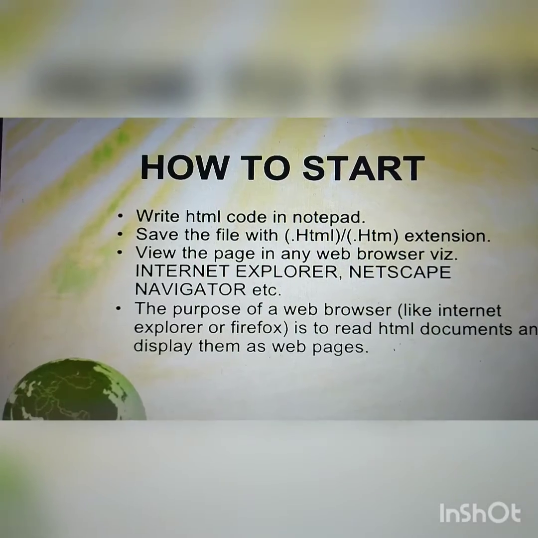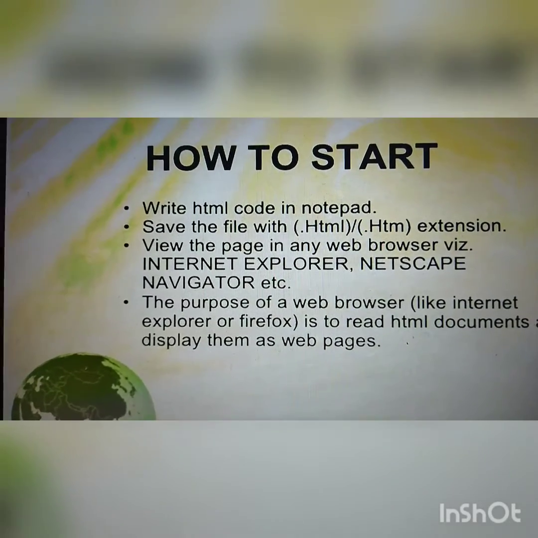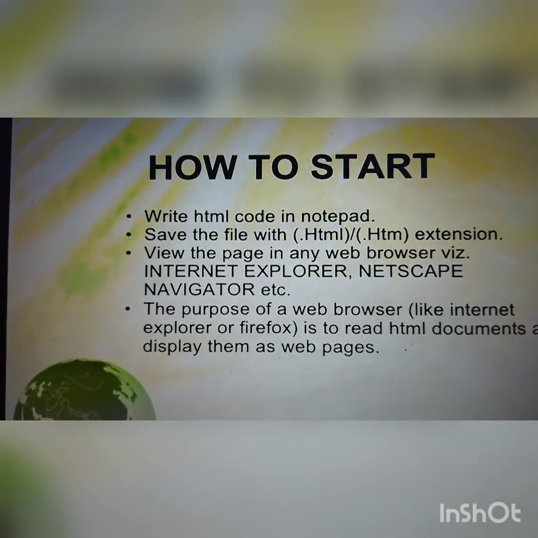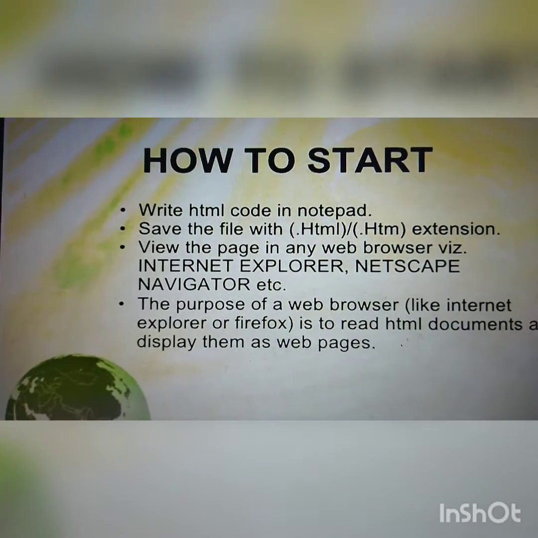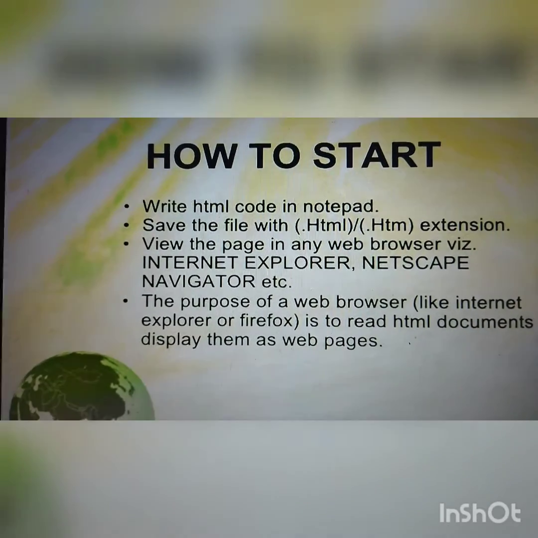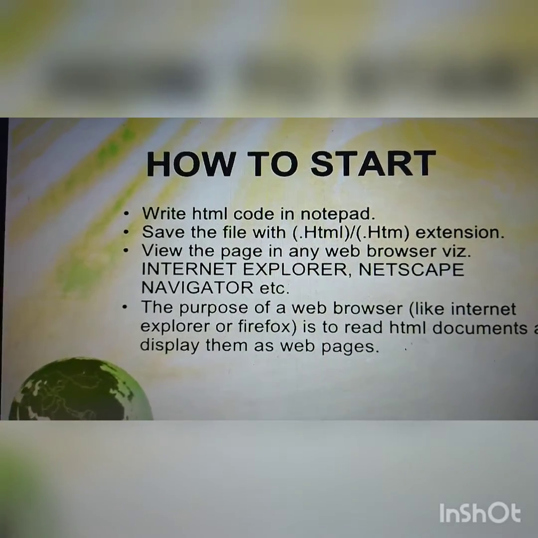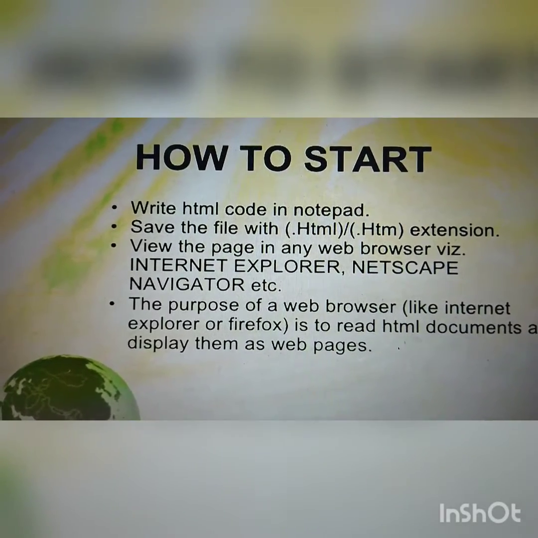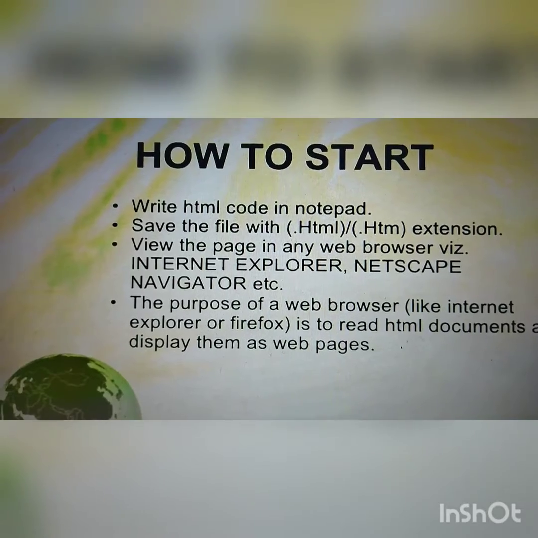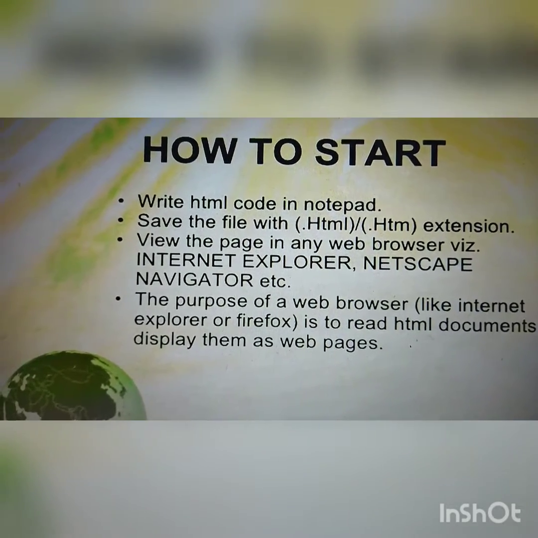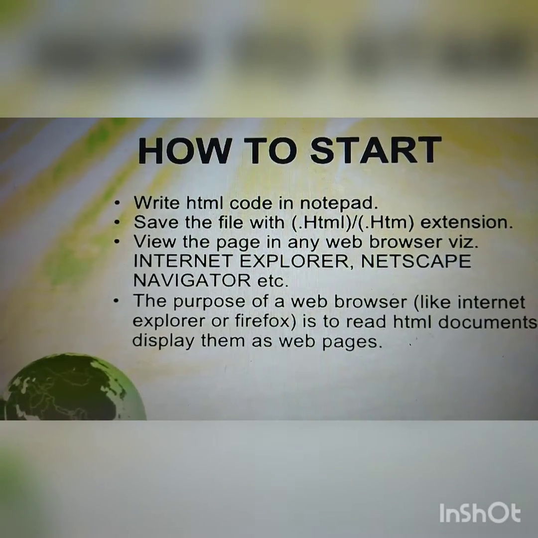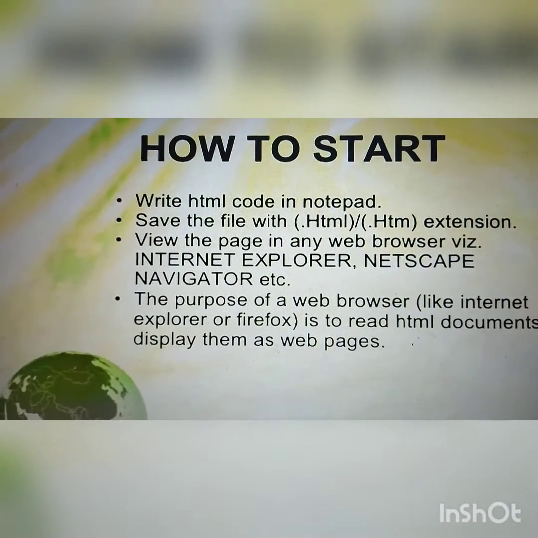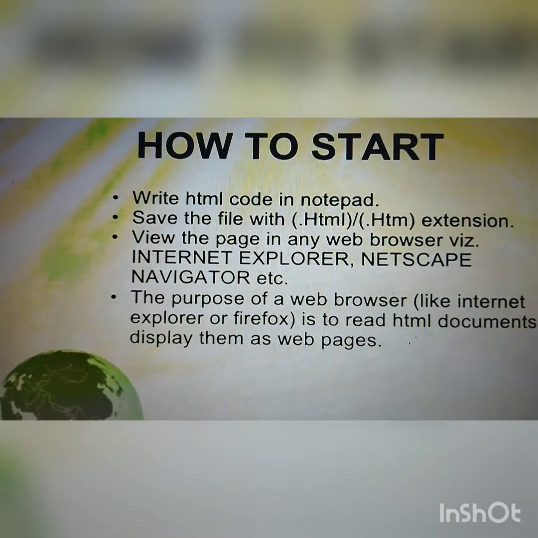After you complete your coding, you can see your output in any type of browser like Internet Explorer, Netscape Navigator, Chrome, Mozilla Firefox, etc. All are names of browsers. The purpose of a web browser like Internet Explorer or Firefox is to read HTML documents and display them as web pages.